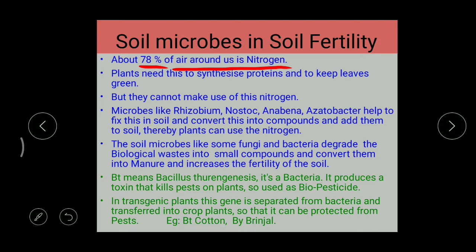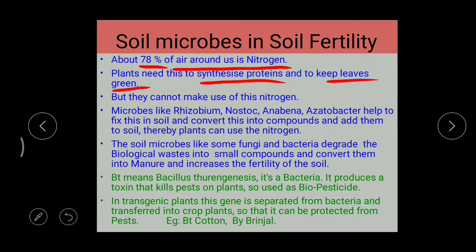So it is present in large amounts in the atmosphere, and this nitrogen is very very important for the plants, especially to synthesize the proteins. Synthesize means to prepare the proteins by the plants, and also to keep the leaves green. So why the leaves must be green in color?